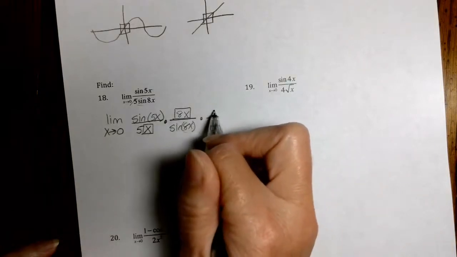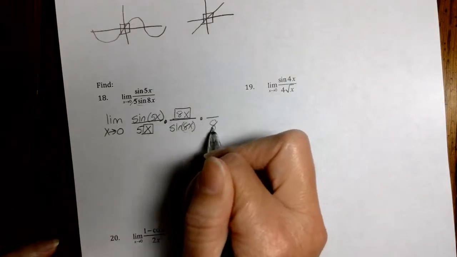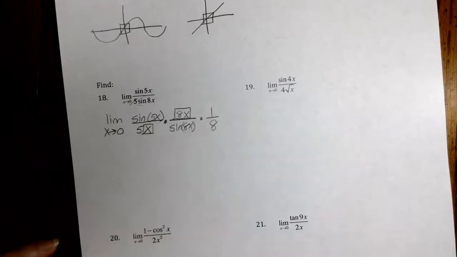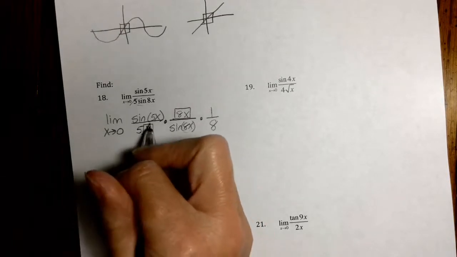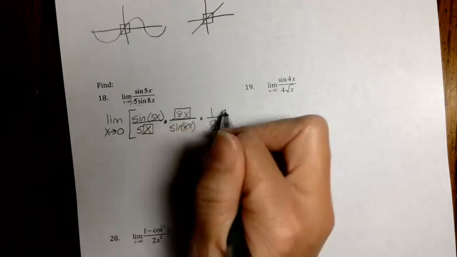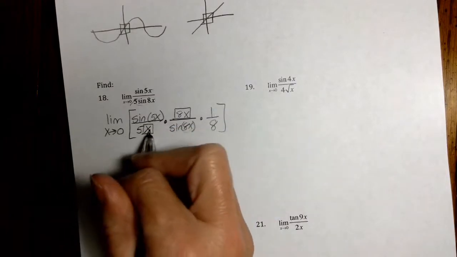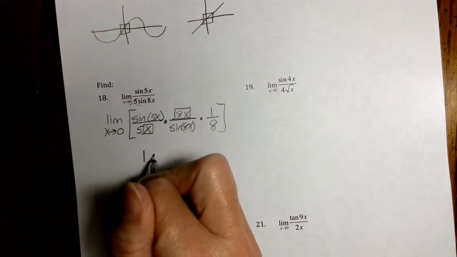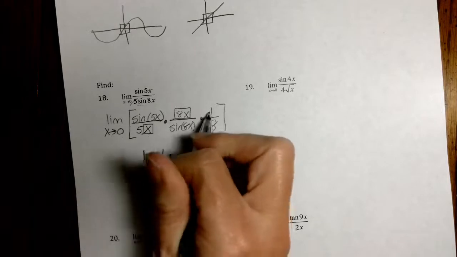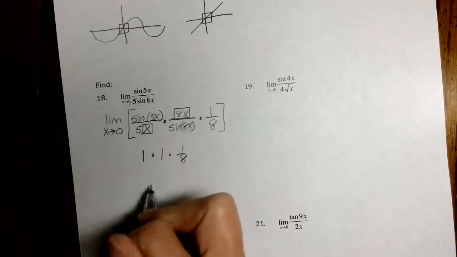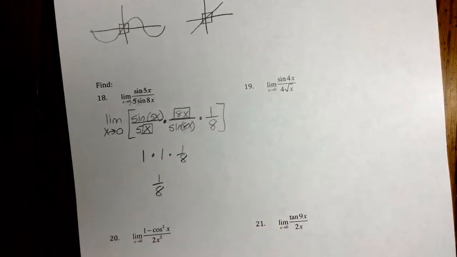To balance it off, I'm going to put an 8 in the denominator and then a 1 up here because I don't have anything left to compensate for. This becomes the ratio here, because all of this is a group. The ratio of the first one is a 1, the second is a 1, and the third is a 1/8. The answer to this limit is 1/8.